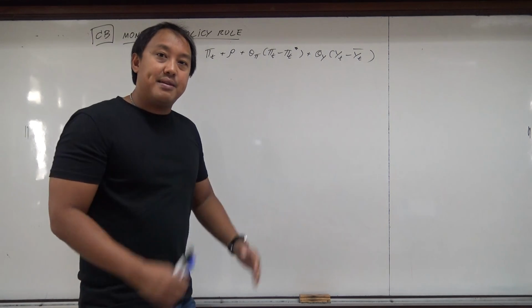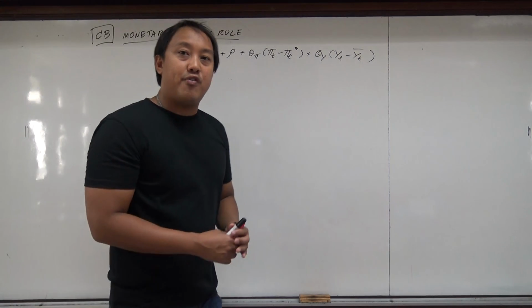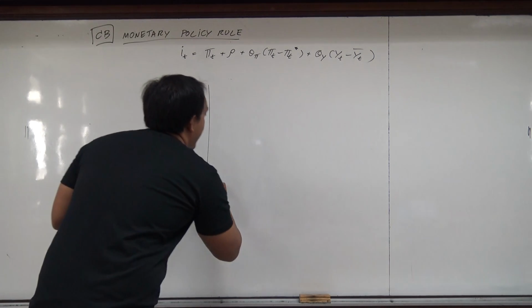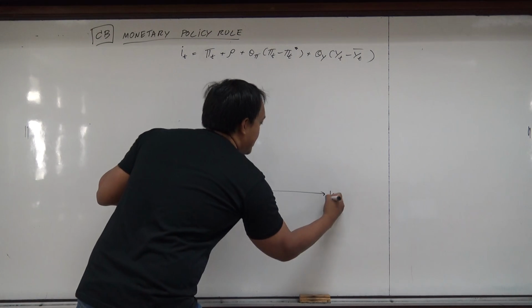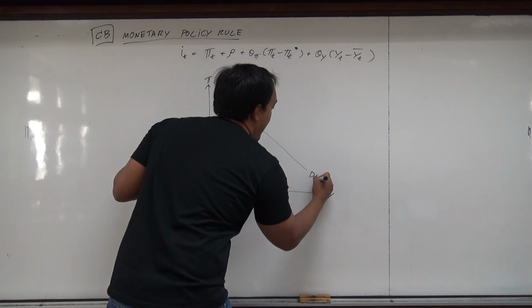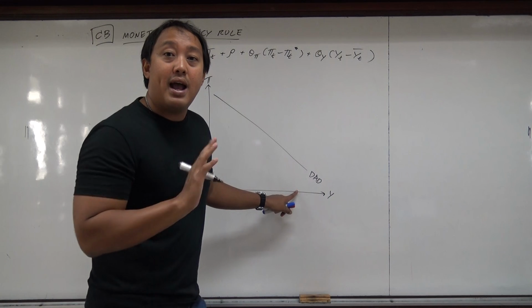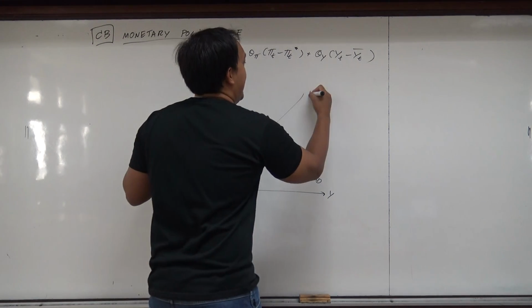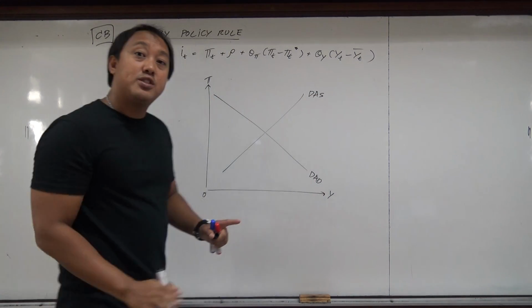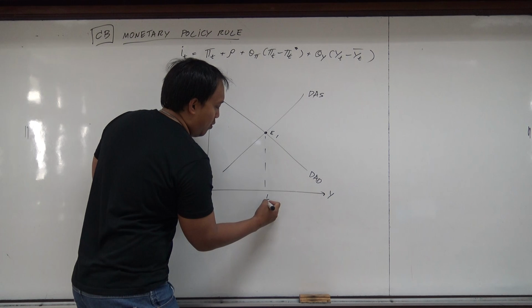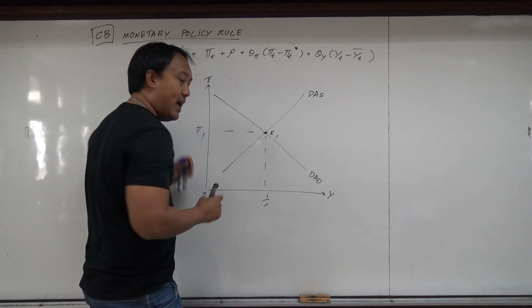One thing I want to show you: if I draw the graph like this, this is y and pi. Say I have DAD, not talking about time, just DAD, and I have DAS, no time. I have equilibrium 1, y1, pi 1.